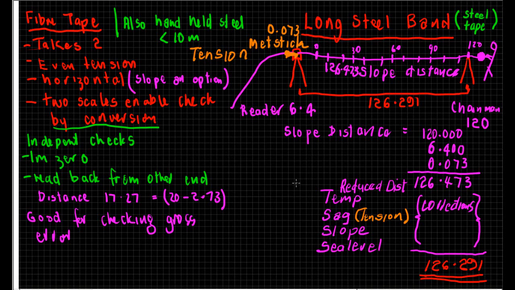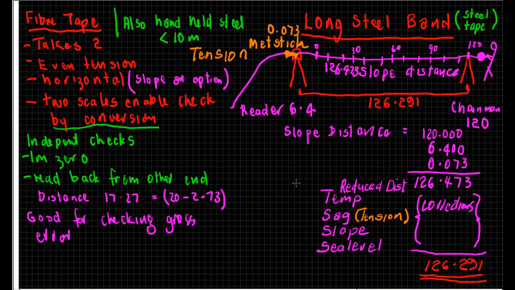Typically in this case it should be 2.73. So when you subtract 20 minus 2.73, which you can record in your field book, you have an independent check that you've got 17.27. These are very good little techniques for checking gross error and things that are maybe close together. So that's your fiberglass tape.